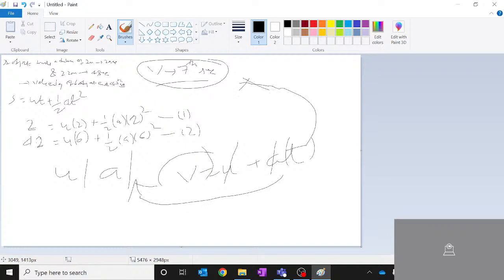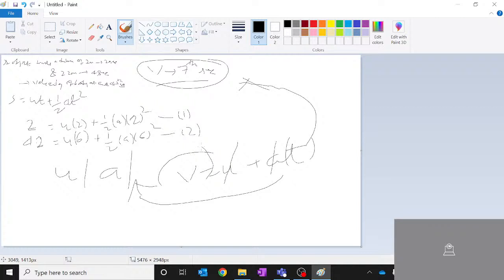You can go ahead and solve the questions, but I am explaining the concept of how exactly this is derived. From these two equations, you find u and a, and substitute in v equals u plus at. Simple question, 2018 paper. This has come.